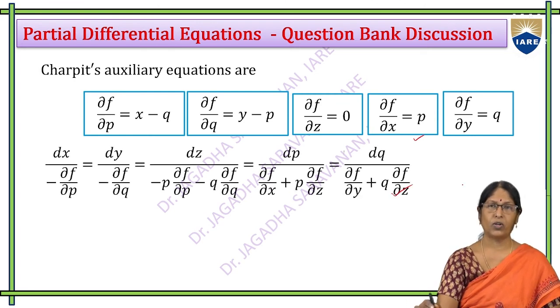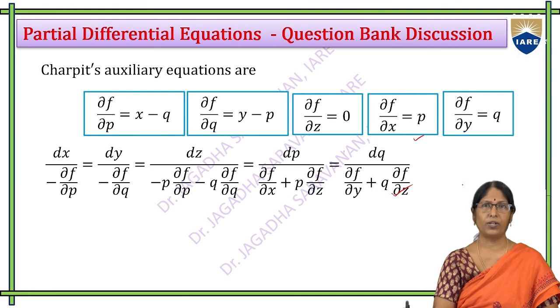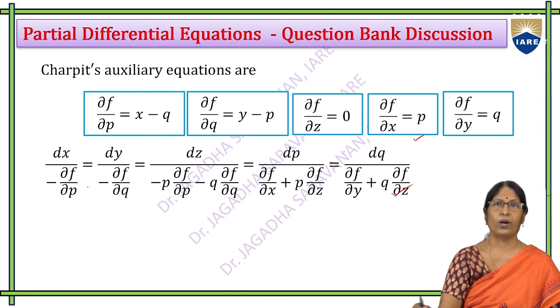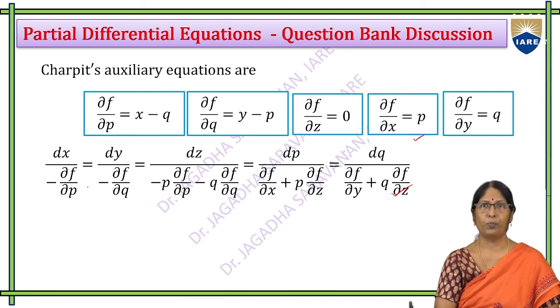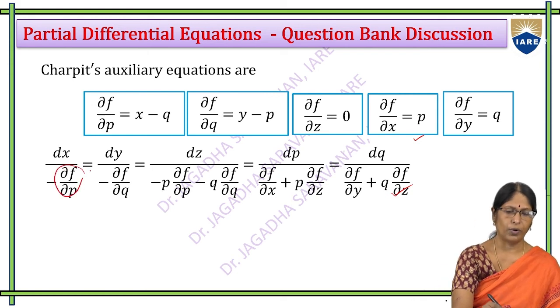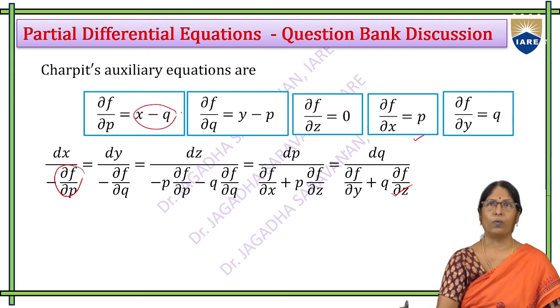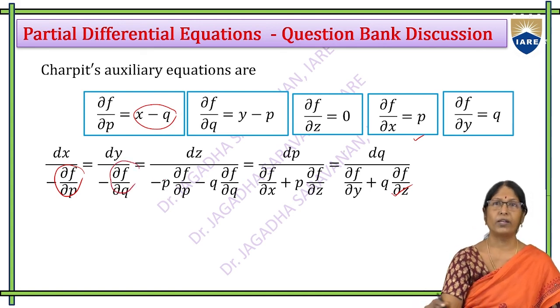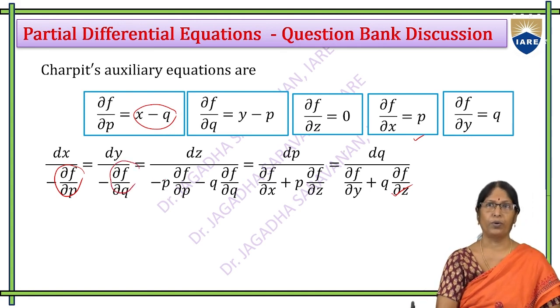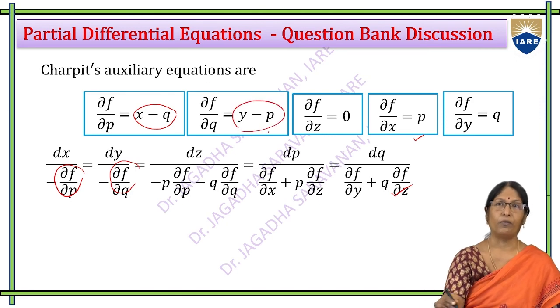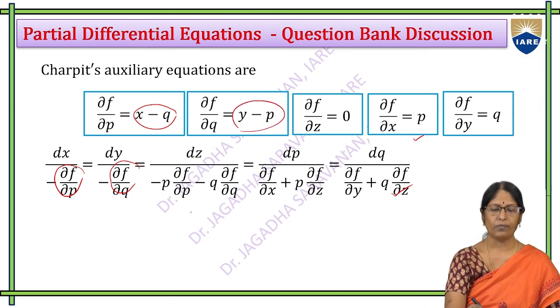This is the Charpit's auxiliary equation: dx by minus dou f by dou p, which we replace by x minus q, then dy by minus dou f by dou q, replaced by y minus p.